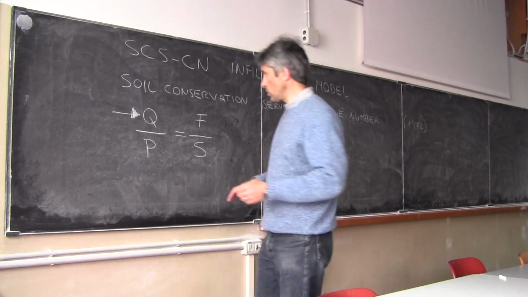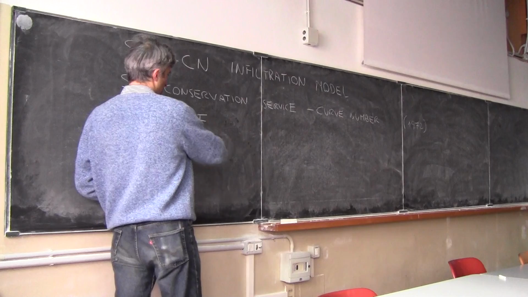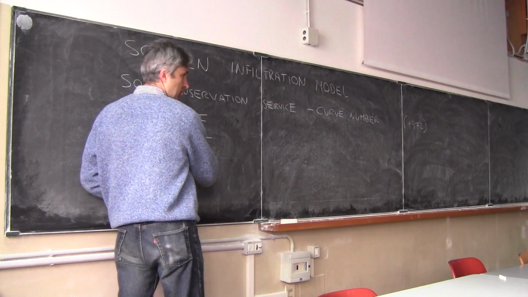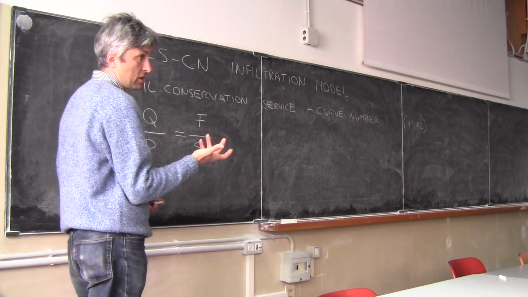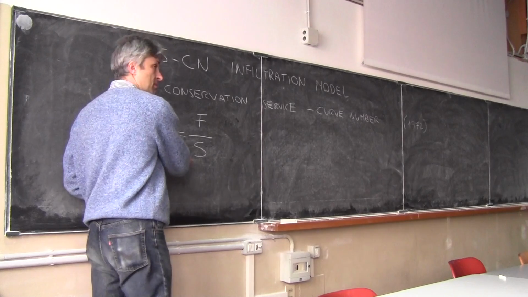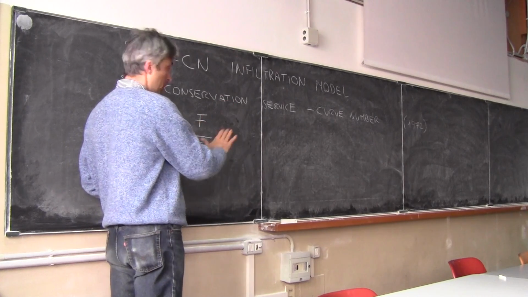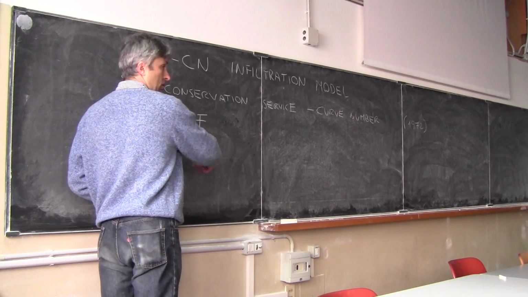Okay, but here you have two unknowns. Let's forget about S for now. Let's assume that we can estimate S, because it's a soil storage capacity, so it's a behavior of the soil. So it's not an unknown. We will see later how to estimate it. It's an empirical estimation.